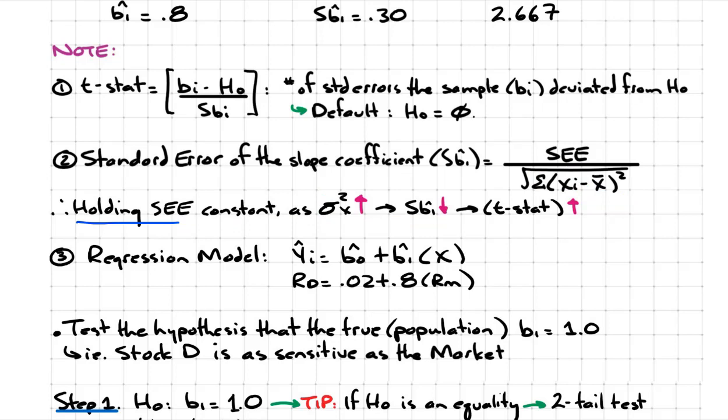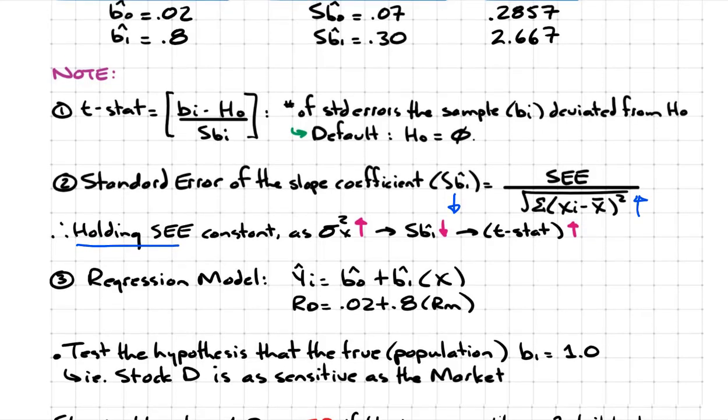When the variance increases, that's like the denominator getting bigger, and therefore this term gets smaller. But if the standard error gets smaller, look at the connection, ladies and gentlemen. From this, you get this, but then standard error is over there. So standard error decreases, the t-statistic increases, which means the coefficient is even further away from 0, and therefore even more likely to be considered significant.